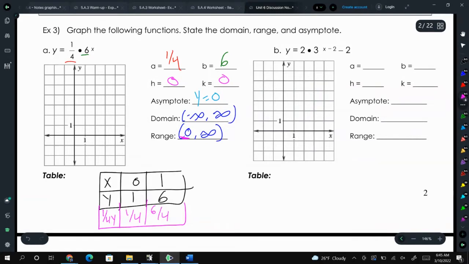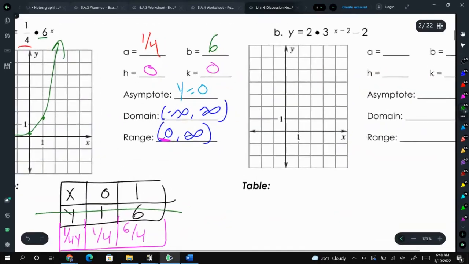And if you want to make that a decimal of 1.5, you could. So then we're going to cross this off. We're going to plot (0, 1/4) and (1, 6/4), or 1.5. And then our graph is going to look like this. And that's all we have to do. Now, if we had to translate it left or right, we would then do that based off of our h and k values.